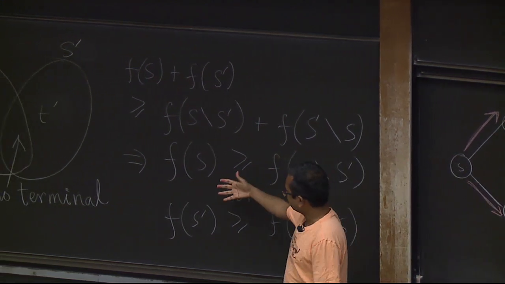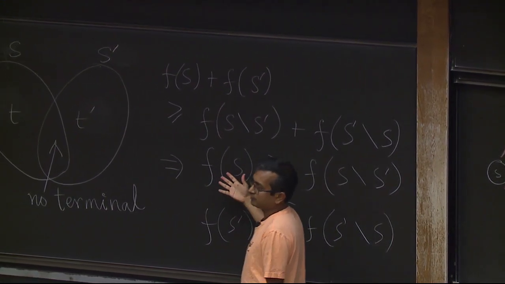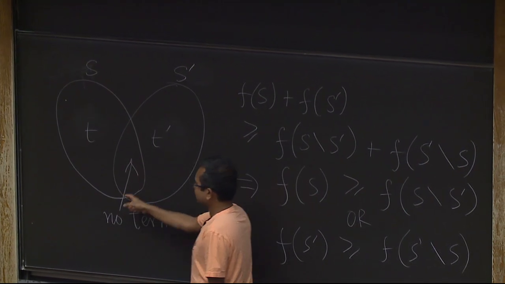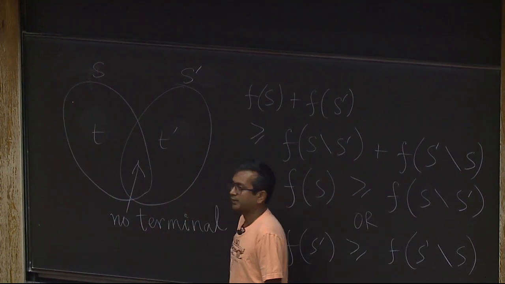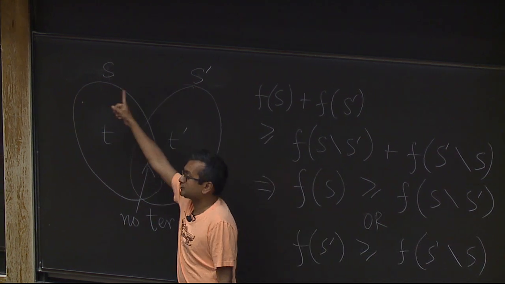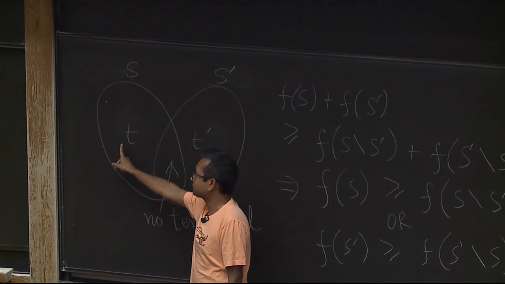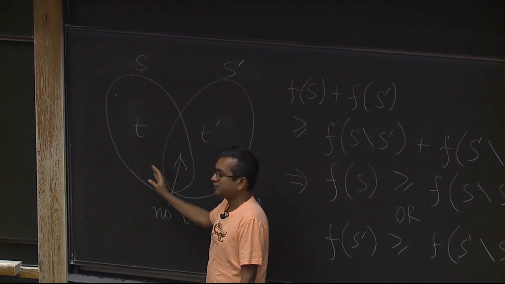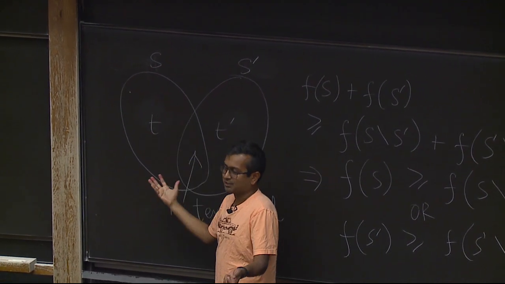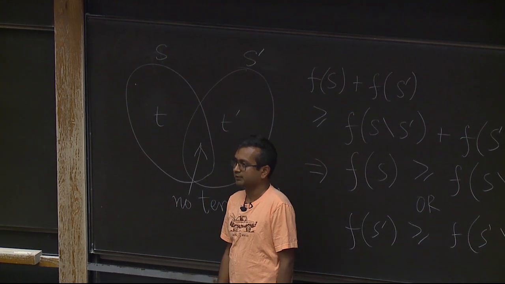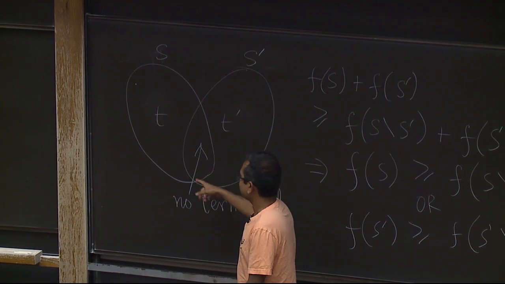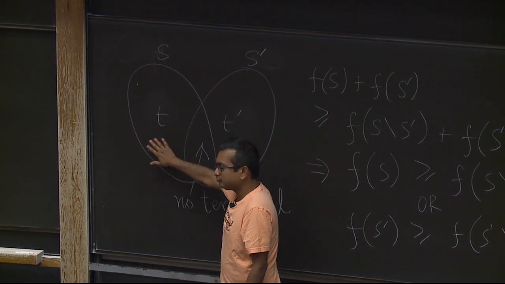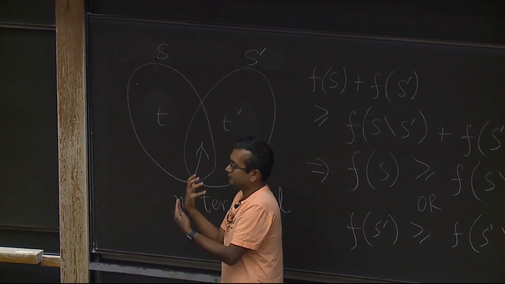And if one of them is true, for example, if the first one is true, let's say the cut S is at least as large as the cut S minus S prime, then S minus S prime is also a minimum isolating cut for T. It's clearly an isolating cut for T, and it's smaller than what I started off calling the minimum isolating cut. So that means that I can uncross these 2 things. Even if they overlap, I can find a different isolating cut such that they don't cross anymore.